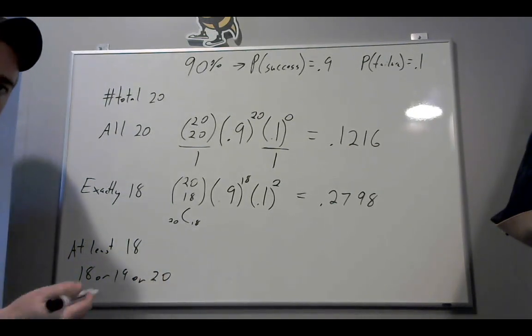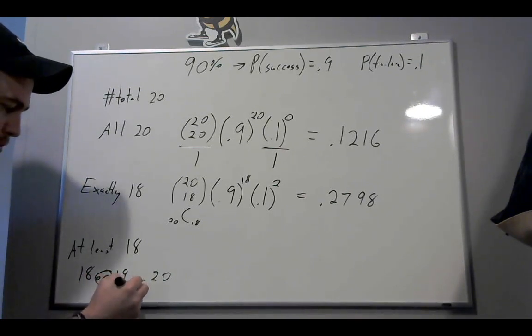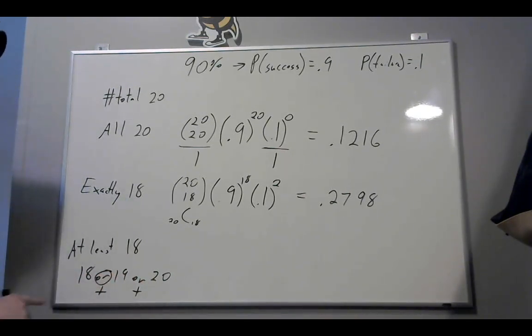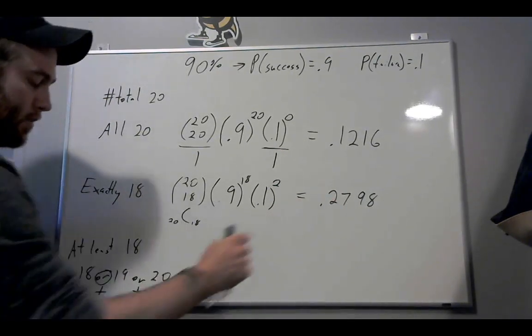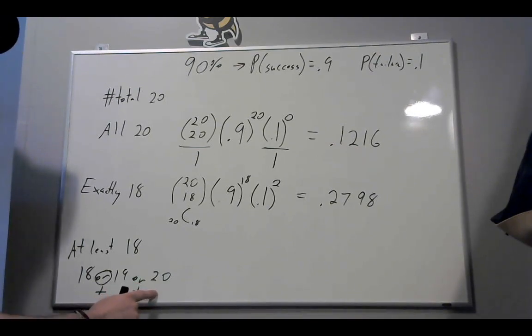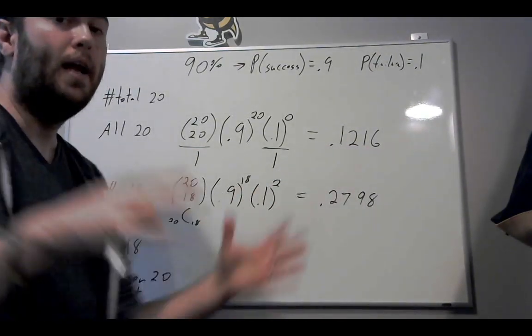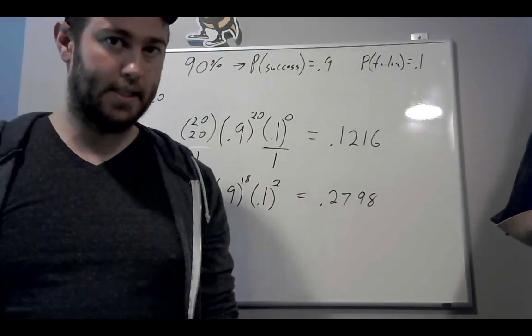If you remember with probability, this or means that you add your probabilities together. So we need the probability for 18, which we already found, the probability for 19, which we haven't found yet, and the probability for 20, which we already found. Add them all together, and that gives us the probability of making at least 18.